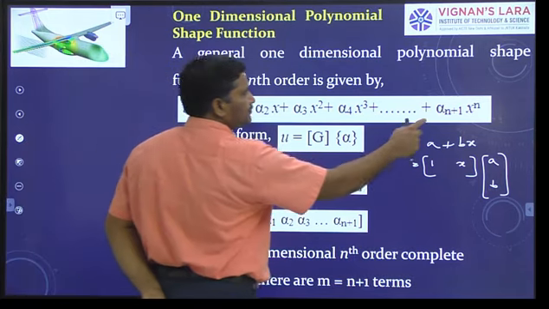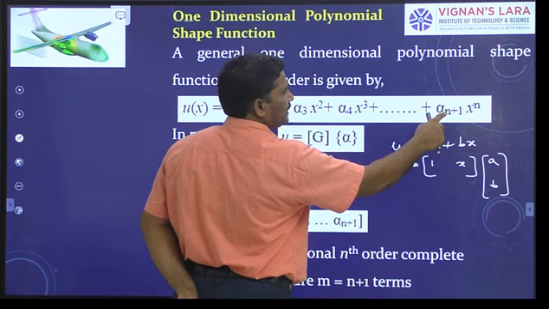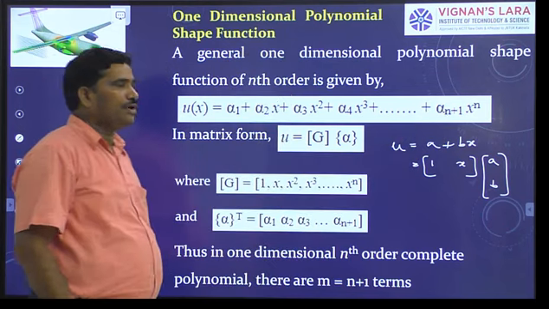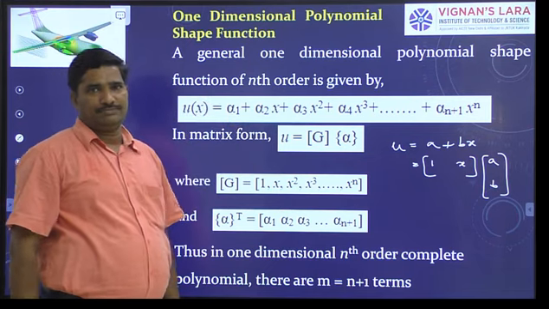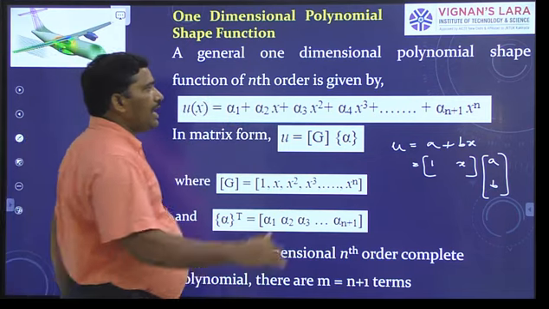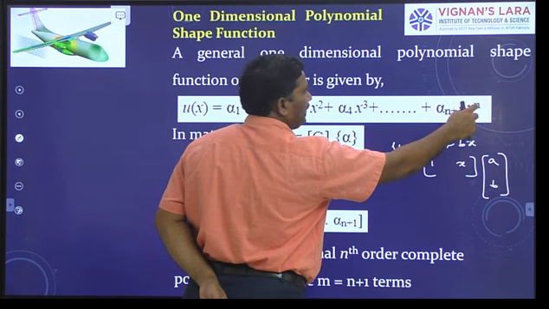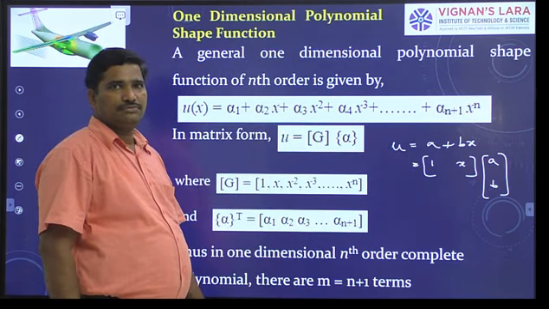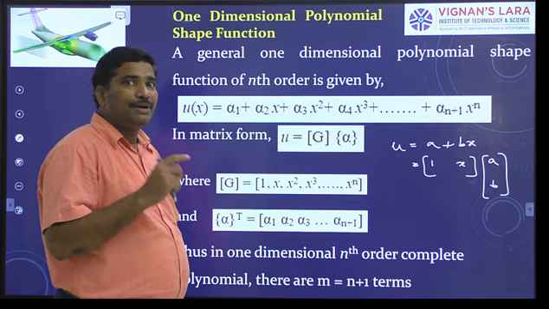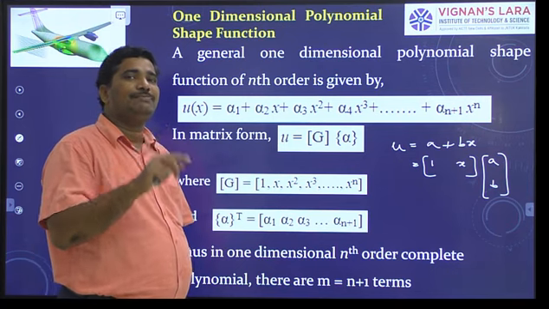If you observe, the subscript of this coefficient is n plus 1, therefore we have n plus 1 terms in this polynomial. When the order of the polynomial is n, right, the number of terms is n plus 1.